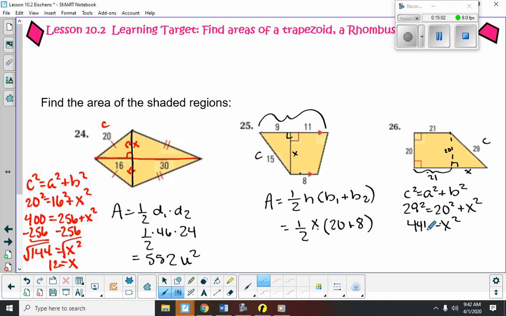I skipped some steps there. So 29 squared minus 20 squared is 441. And if you take the square root of 441, you get 21. So this is 21 also. Doesn't really look like it's halfway, but my line's not real straight.